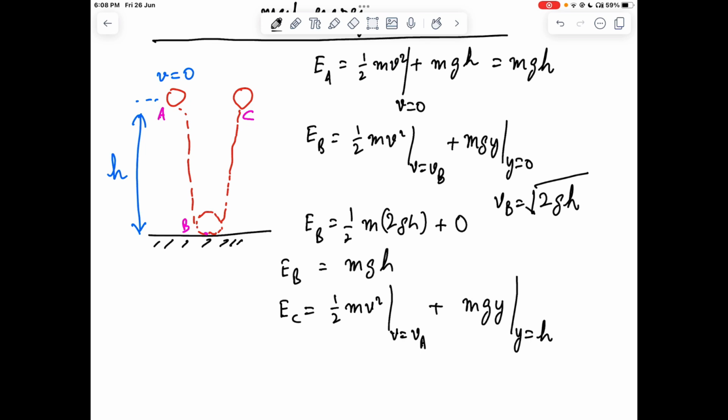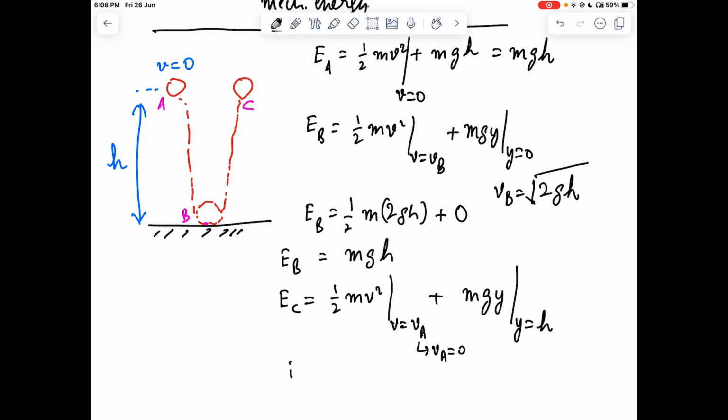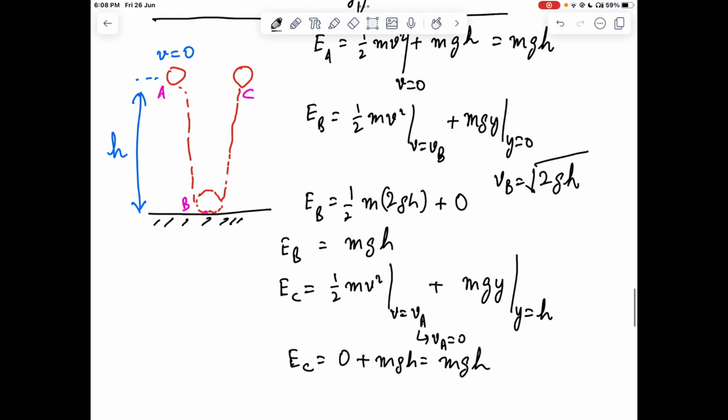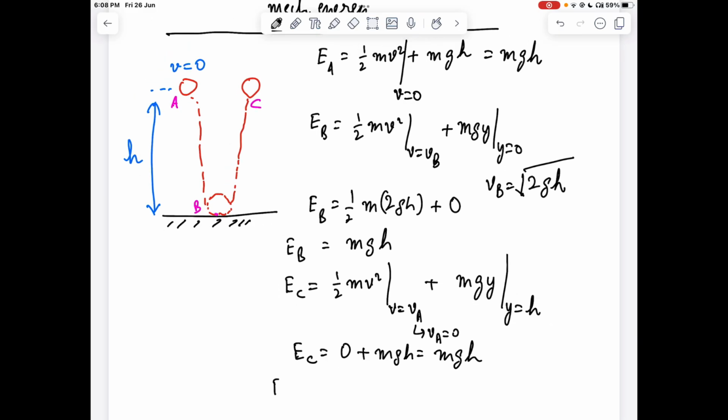So E_C is equal to 0 plus mgh. That works out to mgh. So as you can see, E_A is equal to E_B is equal to E_C is equal to mgh.